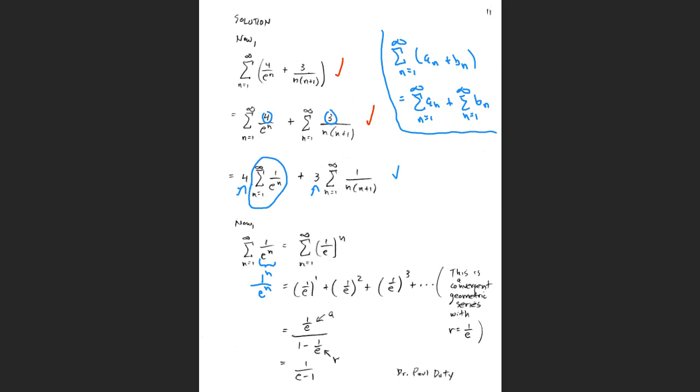Then I can write the series as the series from n equals 1 to infinity of 1 over e to the nth power. And that is just a geometric series, class. That's a geometric series with a common ratio of 1 over e.